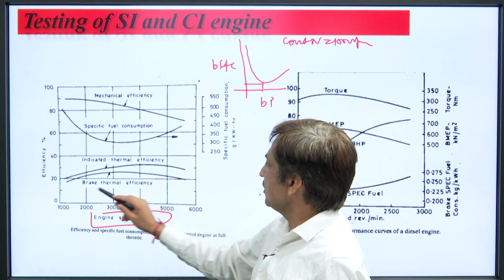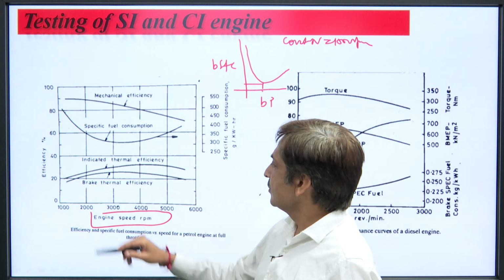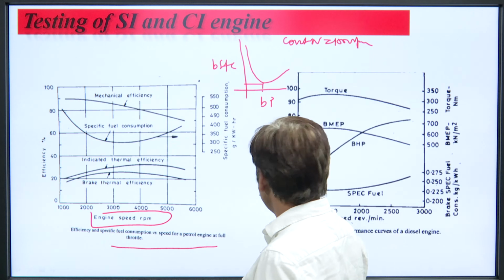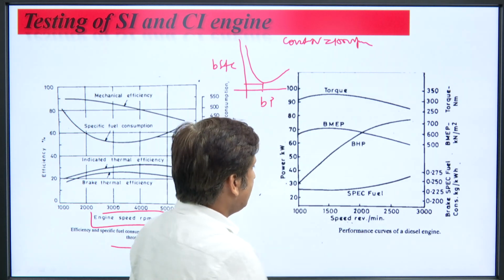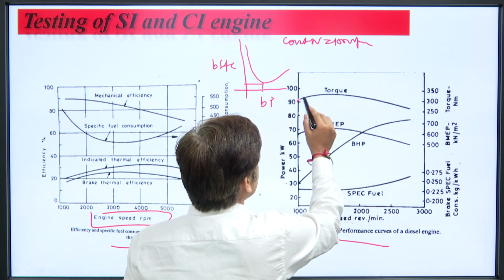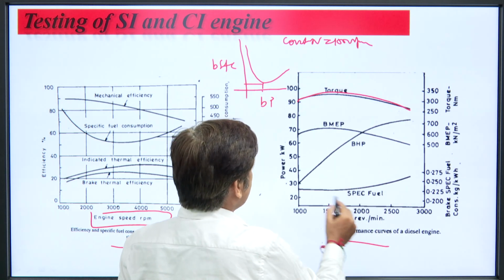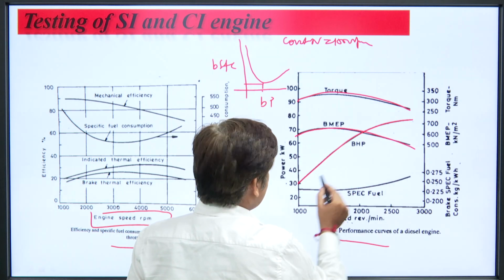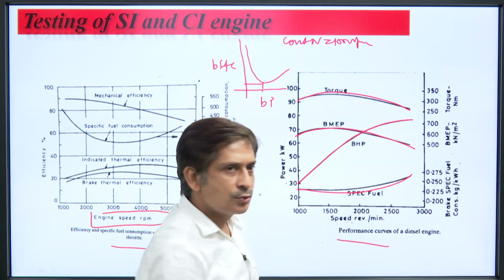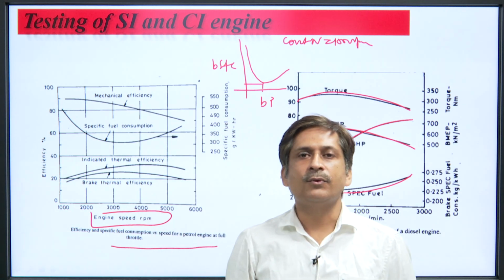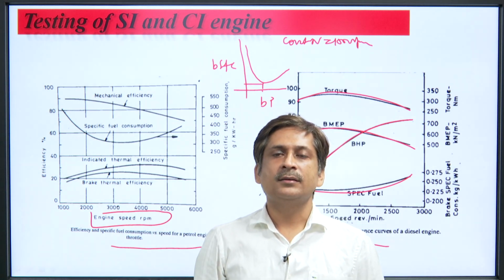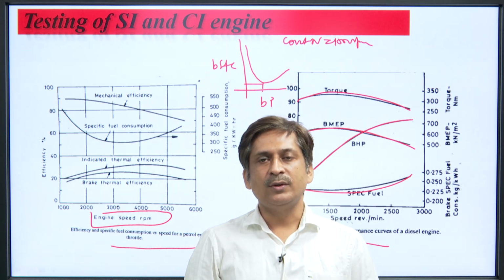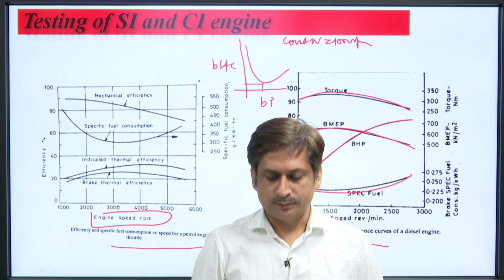Indicated thermal efficiency, brake thermal efficiency, and this is for a petrol engine. Similarly, for the diesel engine, the torque variation with respect to the RPM, the brake horsepower, brake mean effective pressure variation, specific fuel consumption. So, testing means checking whether the engine follows the required behavior as declared by the manufacturer. So, we will do all these tests.